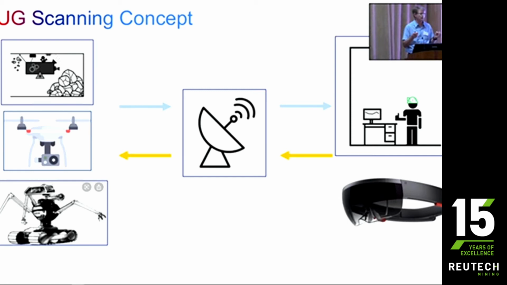It's possible, it's already there. I'll be able to walk into that tunnel, look up at what he's seeing, walk out of the tunnel, look into the hanging wall, into the side walls, and give him a recommendation of what he should be doing in real time. I think with the connectivity that's coming in our underground mines, this is the future.